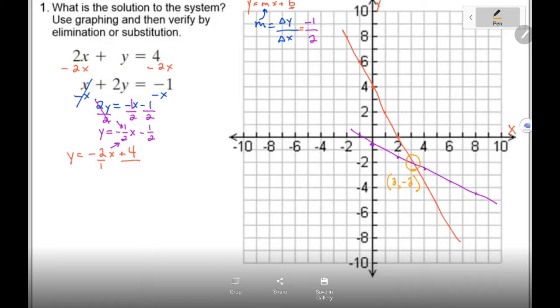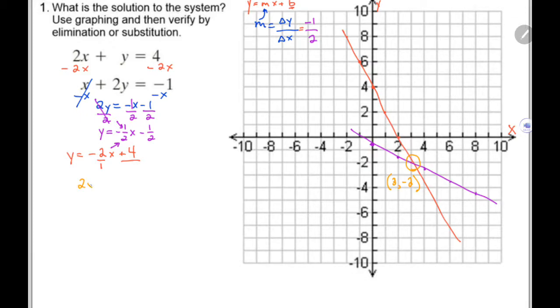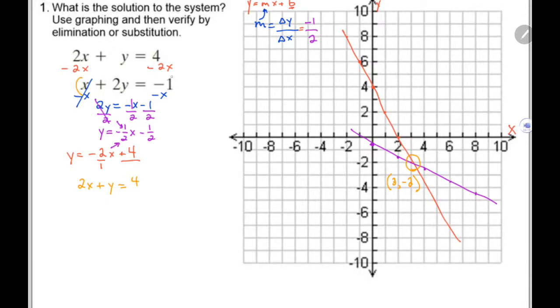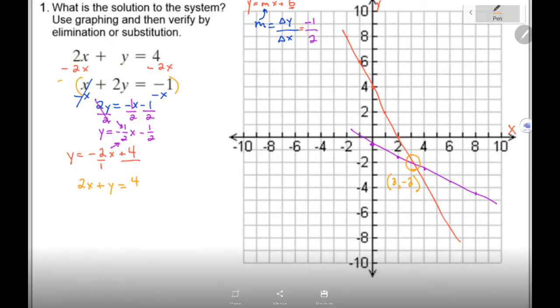Now, there's another way to handle this, and I'll show you by rewriting both of these equations I started with. I have 2x plus y equals 4. I don't have to graph this. And I'm going to ask you to look at this up here, and I'm going to multiply this second line by 2.